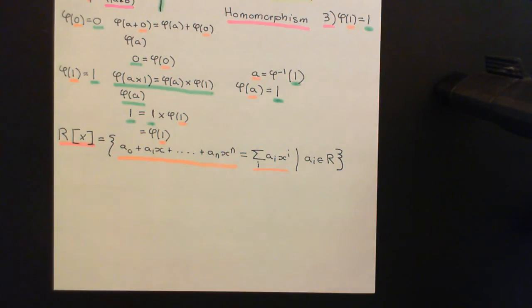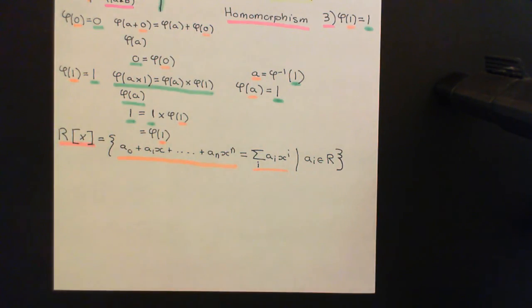So in algebra we insist that only a finite number of the coefficients are non-zero and all the rest are just zero. Usually when we write these out explicitly, we don't bother writing the terms which have 0 in front of the power of x. We just put the powers of x which have a non-zero coefficient. So this is R[x] as a set.